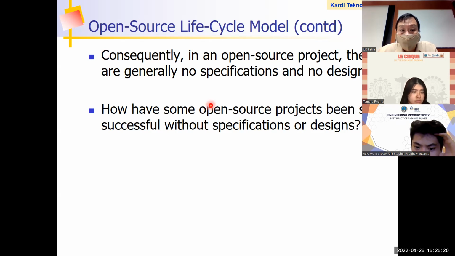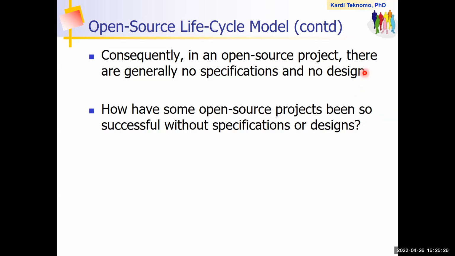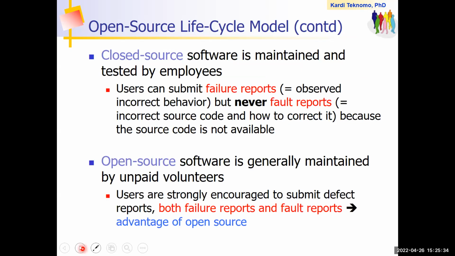How have some of the open source projects been so successful without specification or design? That is a good question, isn't it? So apparently here it is. In closed source software, say Microsoft, software is maintained and tested by the employees.